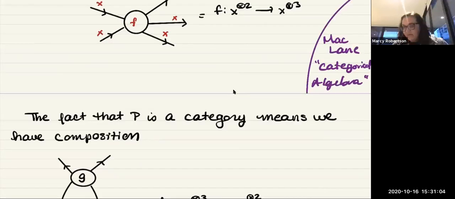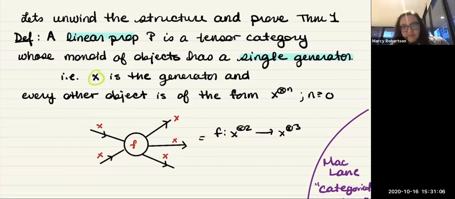And in practice, what does that mean? Well, that means the morphisms are going to be of the form, right? So every morphism in the category will be say something like f from X squared to X cubed, which we draw graphically as, well, we take a graph. This is a vertex.